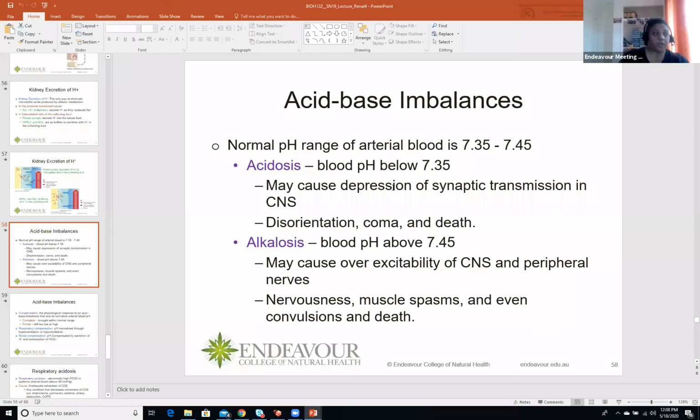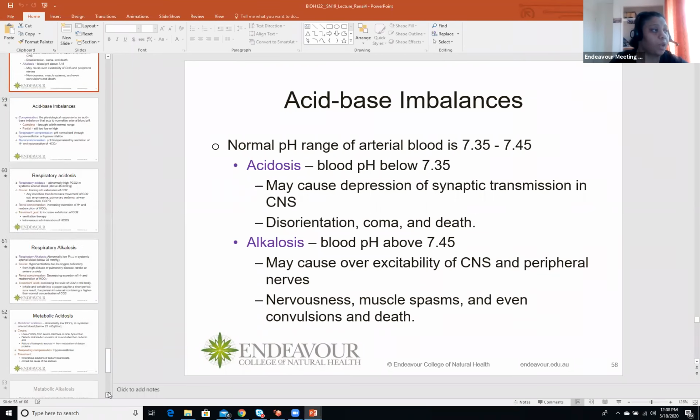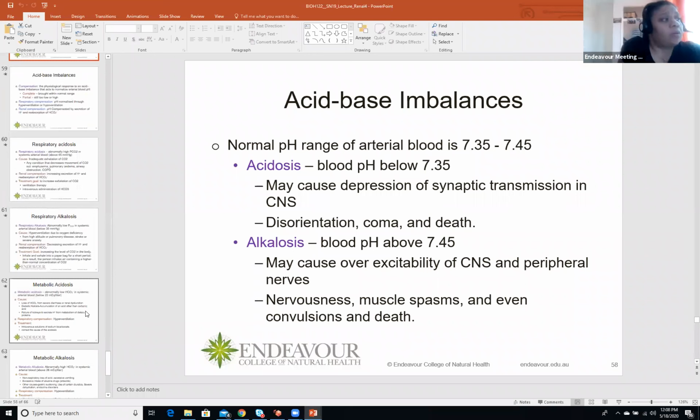When we talk of respiratory alkalosis, it is all to do with the amount of carbon dioxide in the blood. Decreasing the partial pressure of carbon dioxide causes respiratory alkalosis. Metabolic acidosis happens when you have abnormally low bicarbonate in the arterial blood, so you're eliminating a lot of bicarbonate in the urine, and that causes collection of hydrogen ions in the blood.